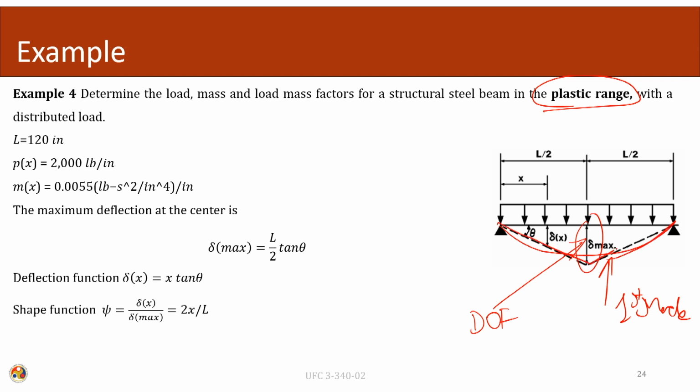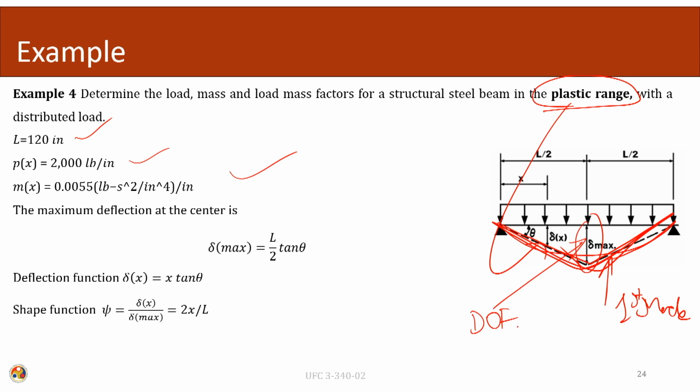Now, the shape has become triangular because it has changed into the plastic range. So, all these three things play a key role. The entire problem remains the same, but the only thing is that the nature of the curve has changed. Earlier it was in the elastic range, now it is in the plastic range.